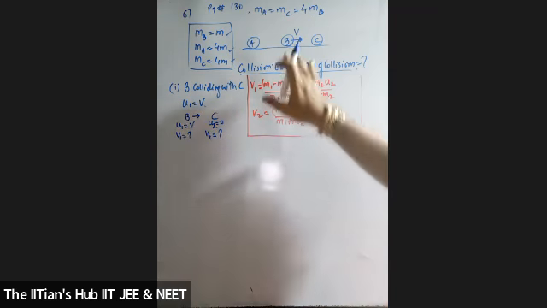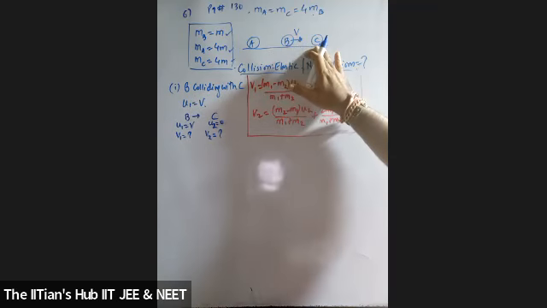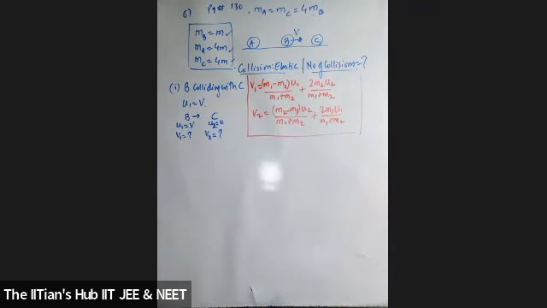ये जब भी बॉडी कोलाइड करेगा तो this is initial velocity U1, और U2 का initial velocity is 0. After collision, what happens in this case? B will recoil backward. Are you getting it? So how do you go about with this? Yes, Yana, what did you do now from here onwards? Did you find out V1?